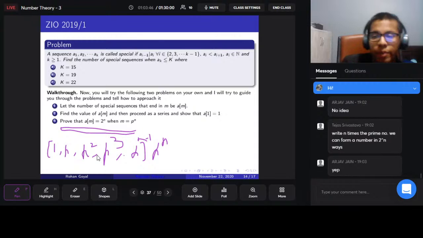Now, how many ways are there to pick any set of values from this? There are 2 to the n ways because every term you can pick or not pick.